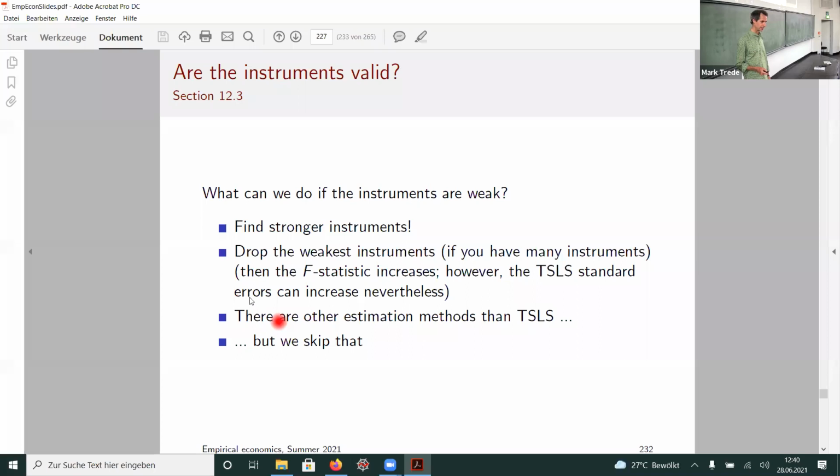All right, and then finally, there are also more modern estimation methods. I mean, after all, this two-stage least square regression is from 1928, I think. There are more modern approaches, but they are really very advanced. And in today's empirical economics literature, you will find the classical two-stage least squares estimation a lot. So that's still the standard economic approach to dealing with endogeneity problems. Okay, so we won't talk about those more advanced approaches.